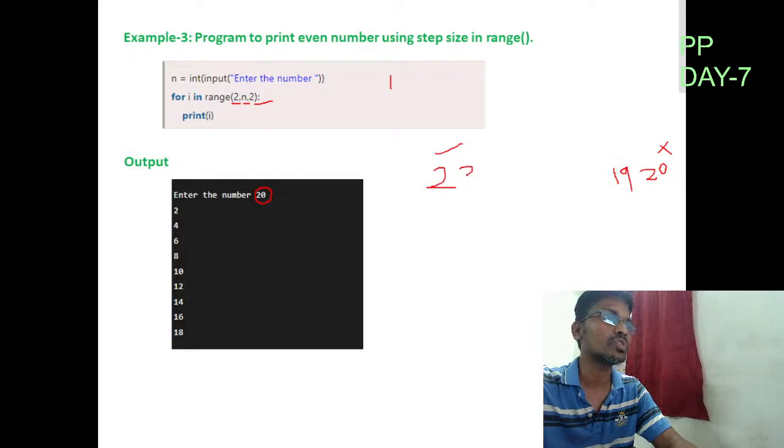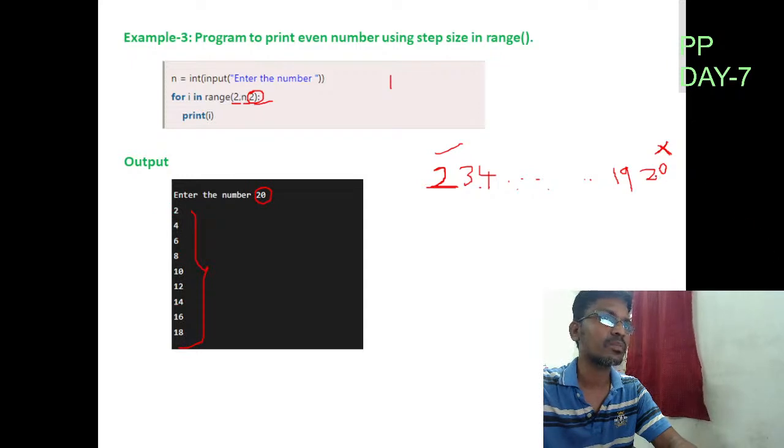So you have to take the numbers 2, 3, 4, 5, 6 and so on up to 19. The step count will be 2, so it will go 2, 4, 6, 8, 10, 12, 14, 16 and 18.